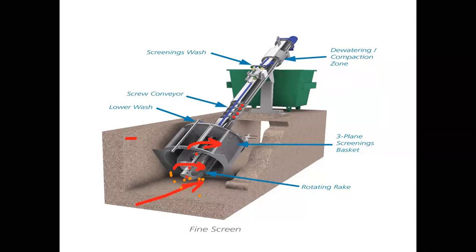At the same time, whatever water is collected along with the grit keeps falling down. It will not be moved forward beyond a certain height, but the particles keep moving forward with the screw conveyor, and at this position in the tank you can dump the grit removed.